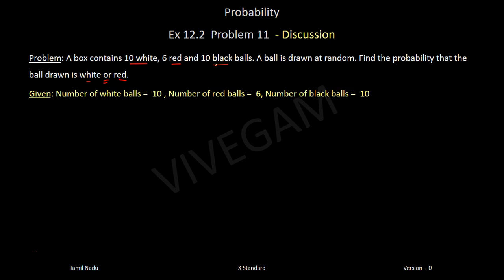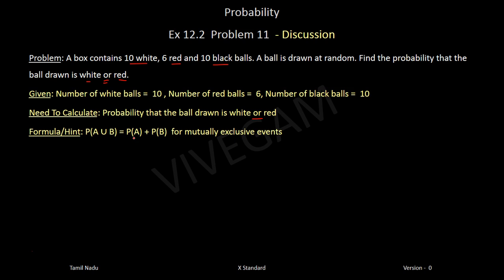We'll work it out. So what is given? Number of white balls is 10, red balls is 6, and black balls is 10. Total number of balls is 26. The probability that the ball drawn is white or red: the formula is probability of A union B equals probability of A plus probability of B. Here A is the event of drawing a white ball and B is the event of drawing a red ball, and there is no A intersection B, because a ball cannot be white and red together.